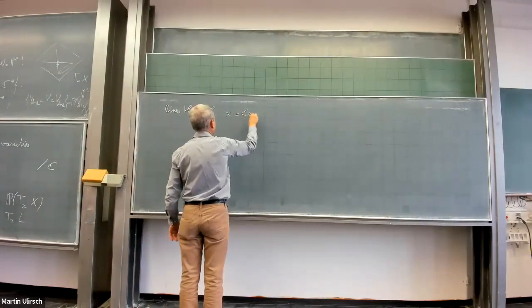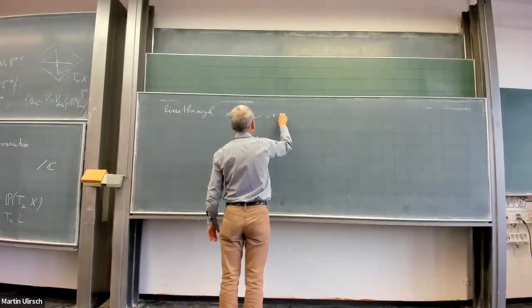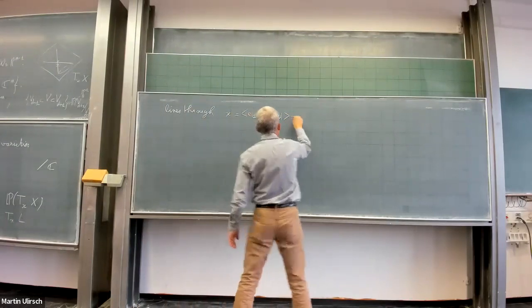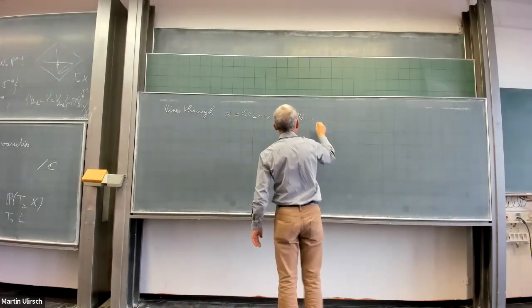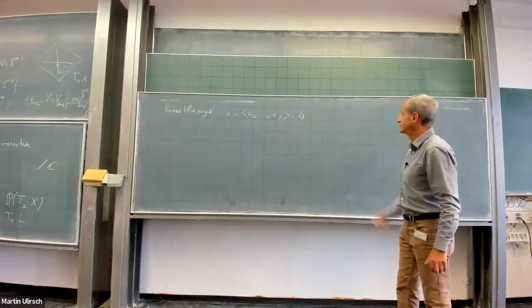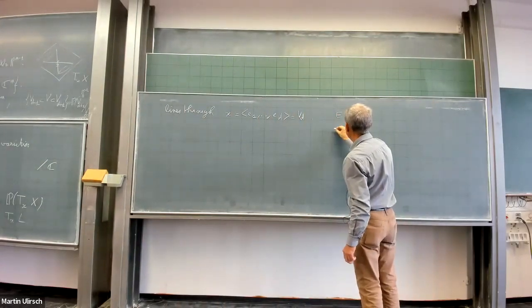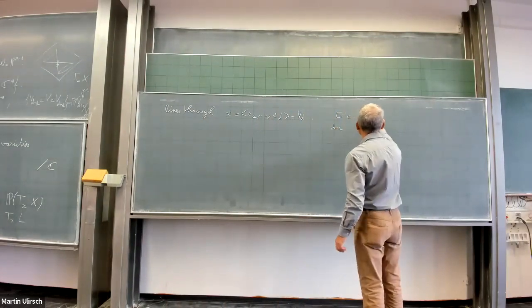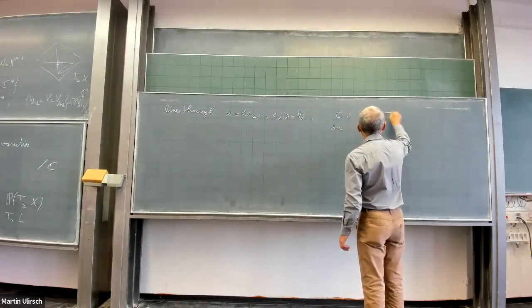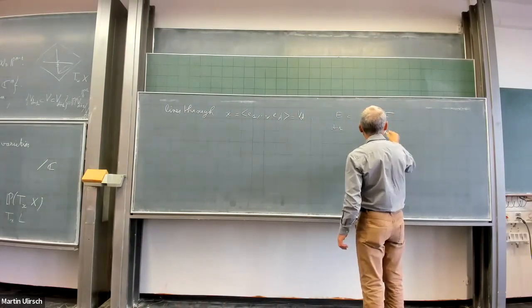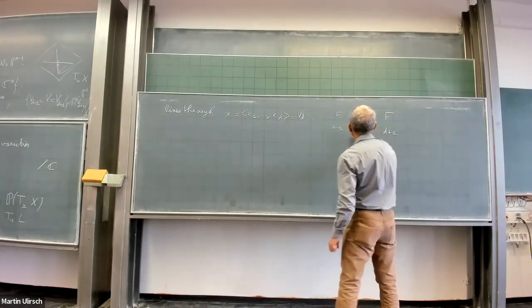If we take for X the Grassmannian G(d,n), then to get the lines, I fix two subspaces, one of dimension d minus 1 and a larger one of dimension d plus 1. And I look at all intermediate subspaces.